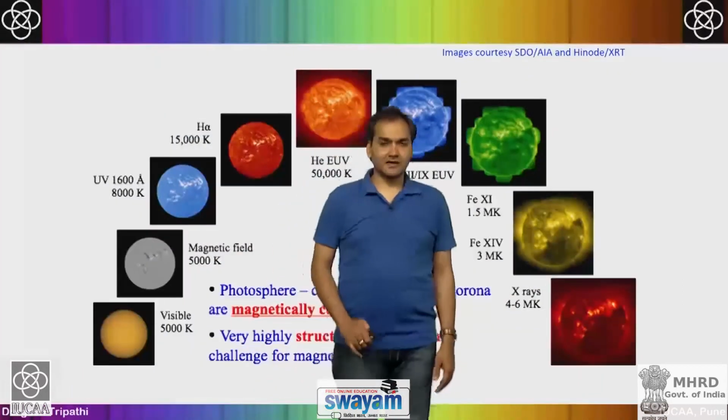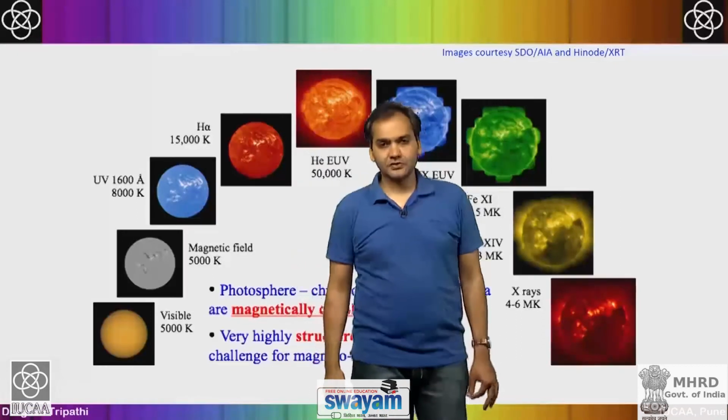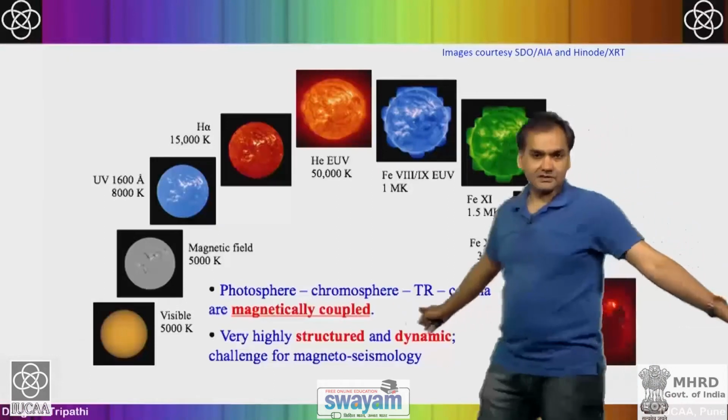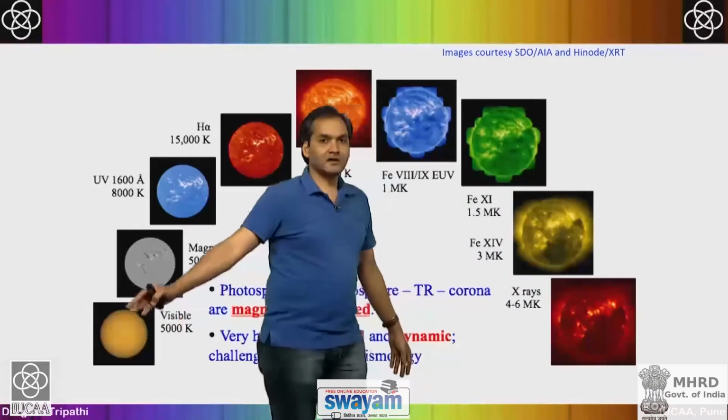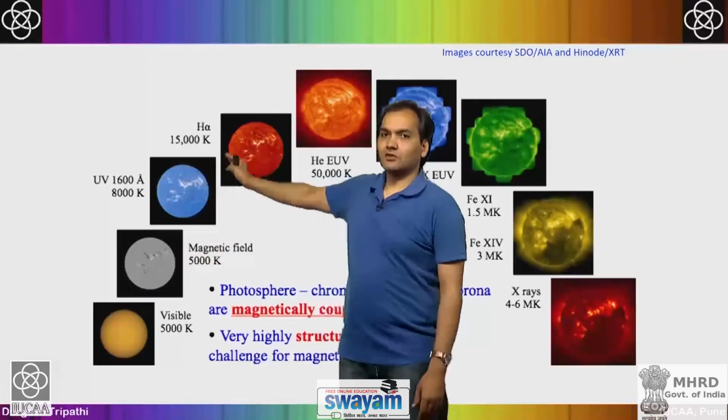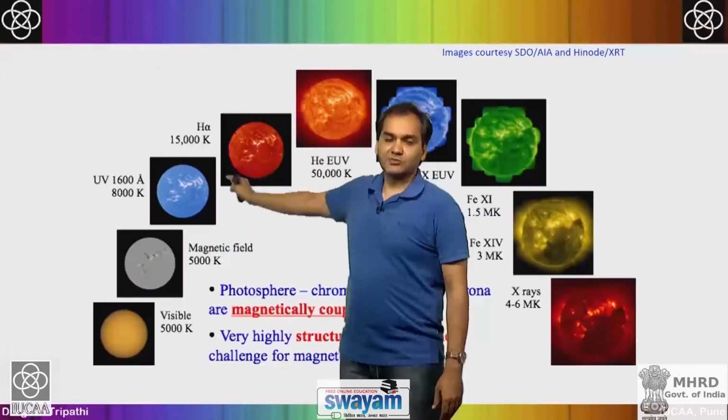Now, here is another representation showing all the layers. Here is your photosphere, and this is the magnetic field map, and at the same time you image the whole atmosphere.